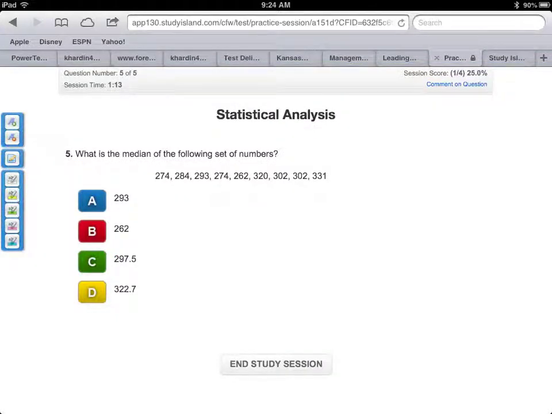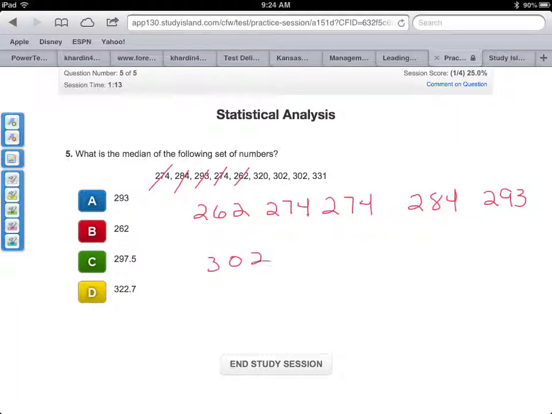This question is asking for the median of the following set of numbers. The first thing we need to do is put them in order. It looks like 262 is the smallest. Then we go to 274, 274, and then we go to 284, 293, 302, 302, 320, and then 331.